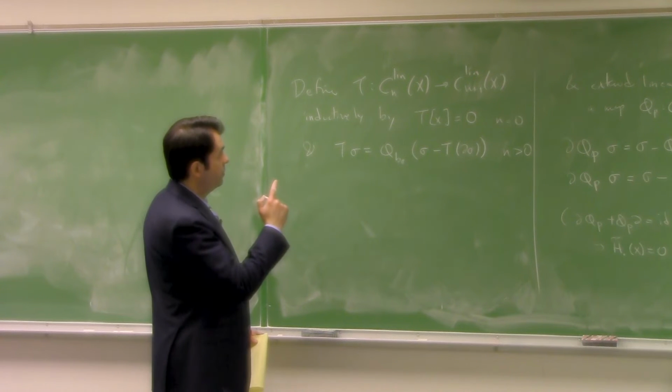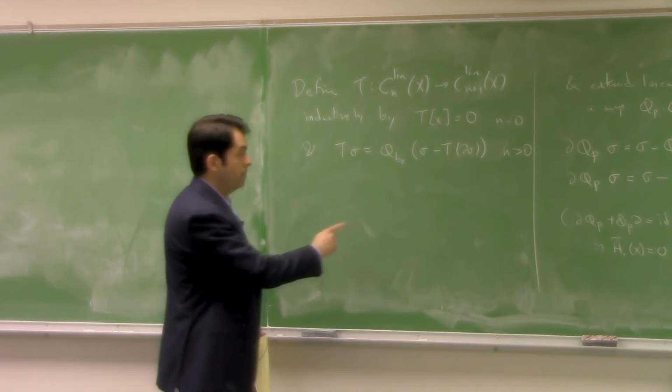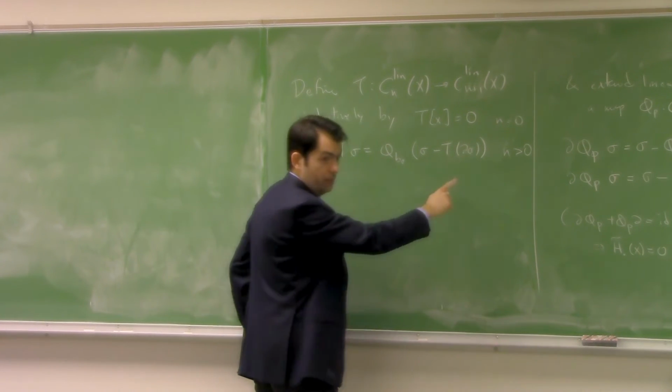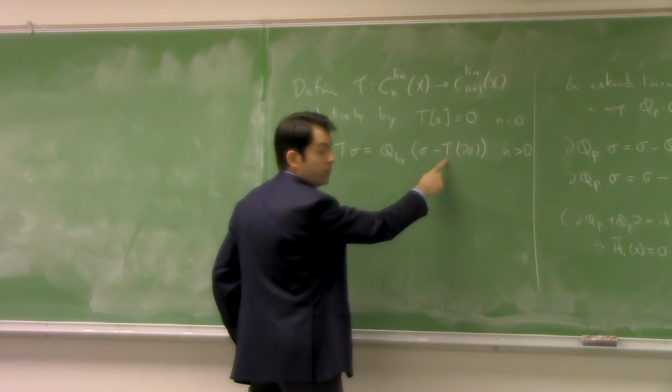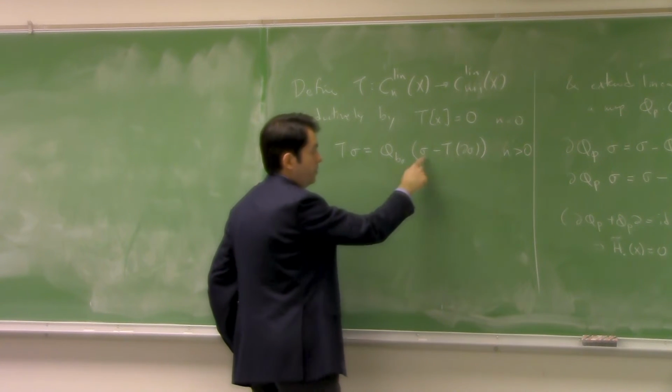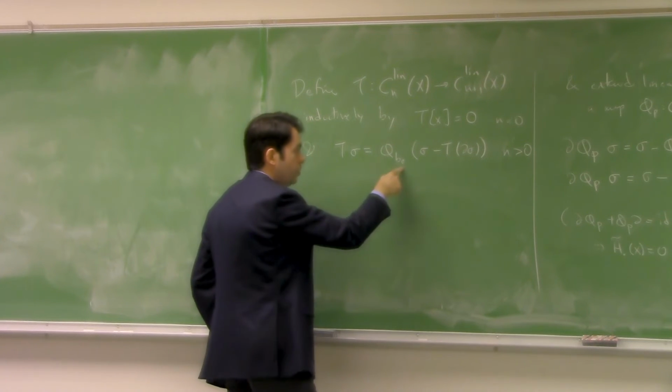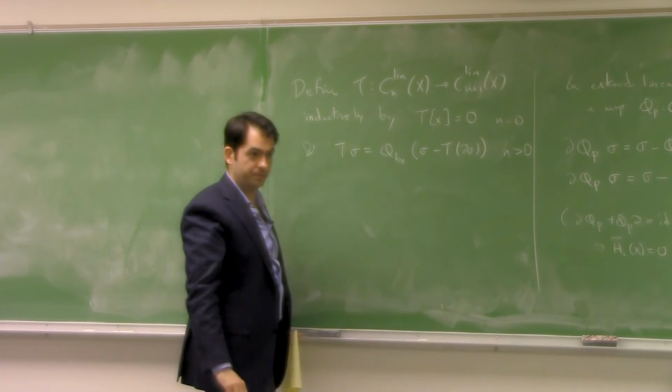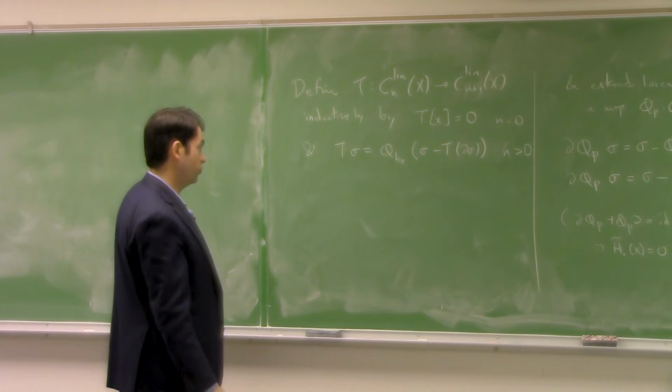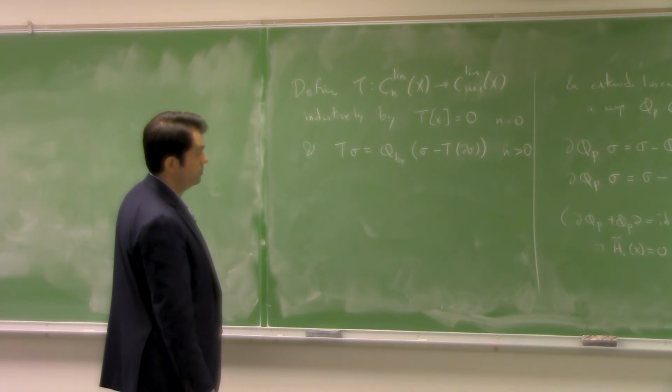So if sigma is an n-chain, boundary of sigma is an n minus 1 chain, T is inductively already defined and gives us an n-chain. So this difference is an n-chain, and then Q takes an n-chain and gives you an n plus 1 chain, so it goes where it's supposed to.